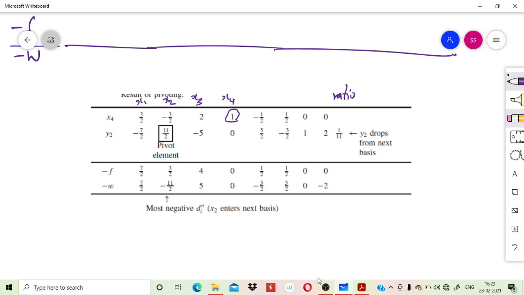So y2 leaves at the end of this iteration, and x2 enters the table. In that way we have phase 1. In the next iteration, we will make this pivot position 1 again and proceed.